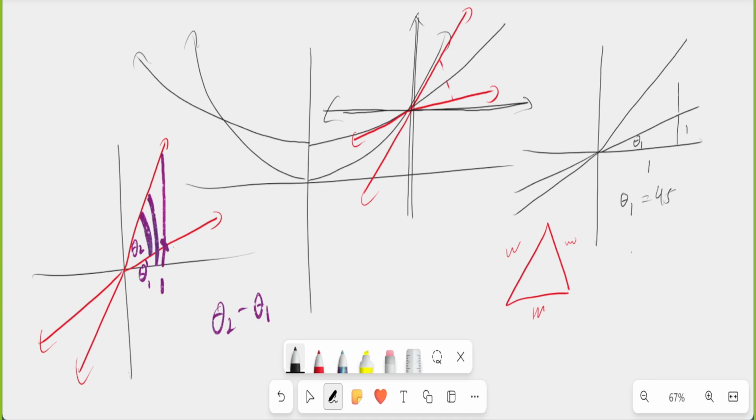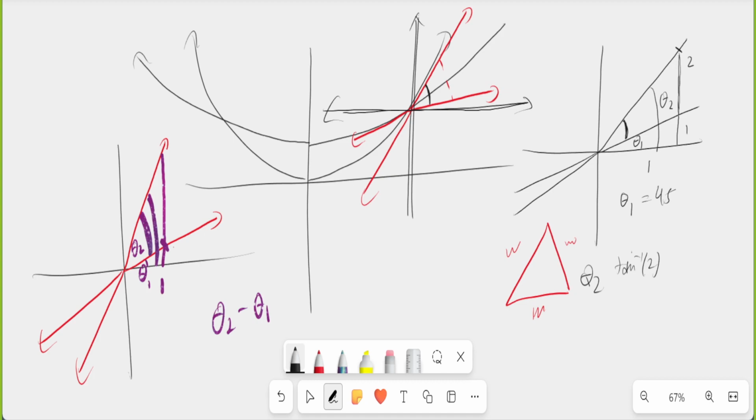Then at the same x value, which is still 1, let's say the y value here is 2. So now you find inverse tangent of 2, which I have no clue what that is. That's theta 2, so that's this whole thing. And theta 2 minus theta 1 will be the angle here. Oh, okay. Yeah, that's pretty clever.